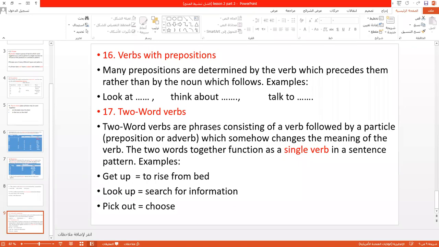Two-word verbs are phrases consisting of a verb followed by a particle. Look, what is a particle? A particle is either a preposition or an adverb. We call it a particle. It is a word that is either a preposition or adverb, which somehow changes the meaning of the verb. The two words mean the verb.